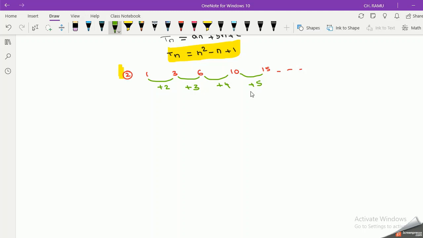Clearly observe that the first differences are not the same. Then we will go for the second differences: 1, 1, 1. Clearly the second differences are the same. So it is again a quadratic sequence.